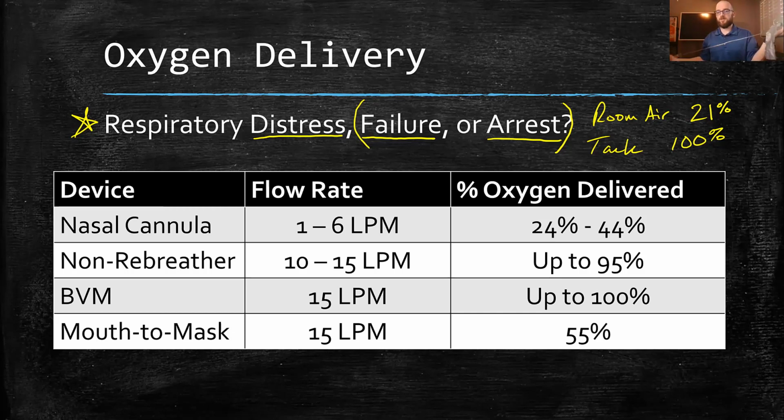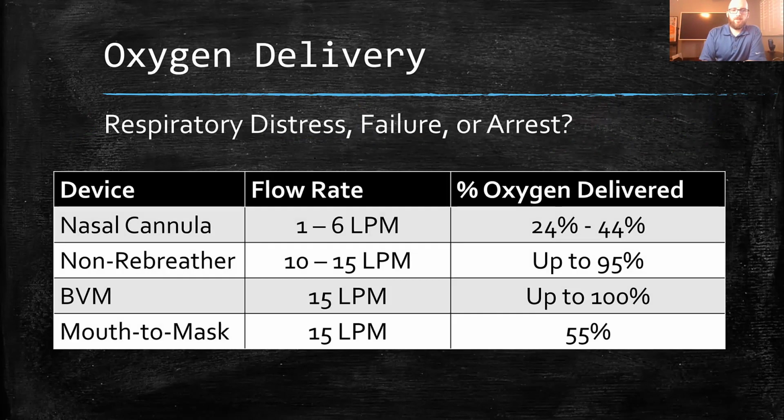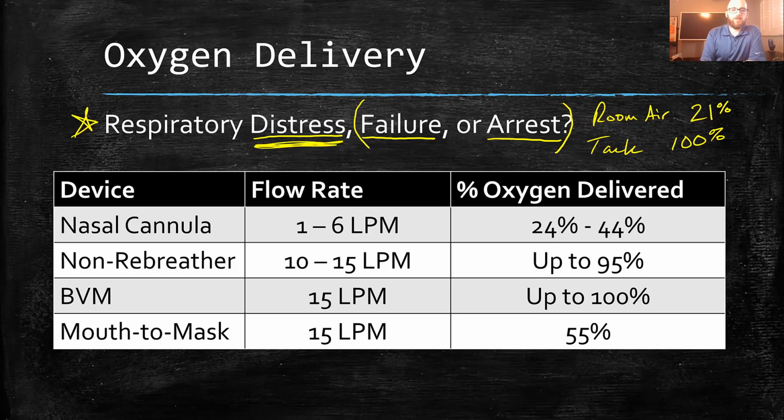So these are for the patients, right, a little bit more commonly in the registry world. They're breathing okay enough. In respiratory distress, we can use nasal cannulas, non-rebreathers. They're still breathing okay, but they definitely need more oxygen.